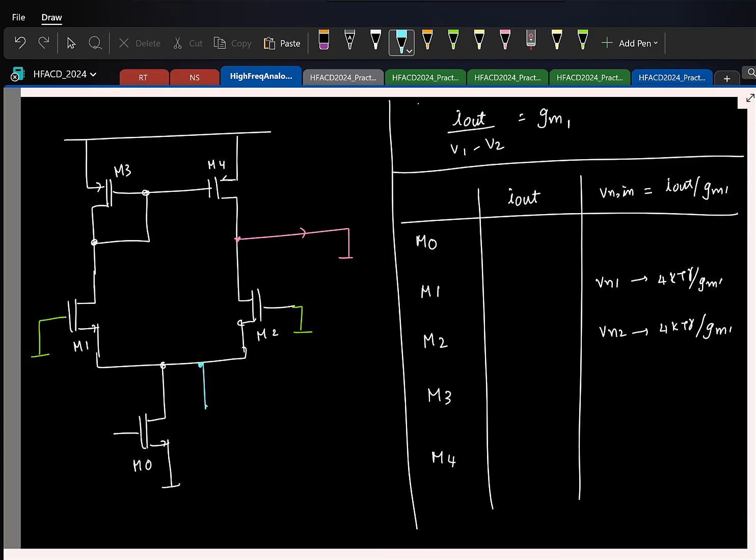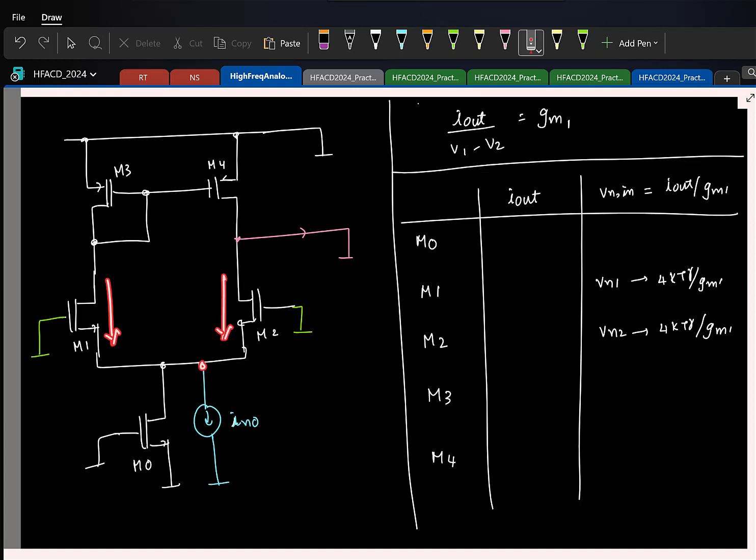For M0, I'll model the current like this. Again, the gate is incrementally short. This is incrementally short. Let me call this noise current IN0. Now this current has two paths to flow, either here or here.